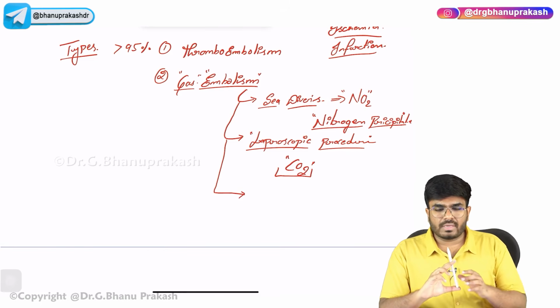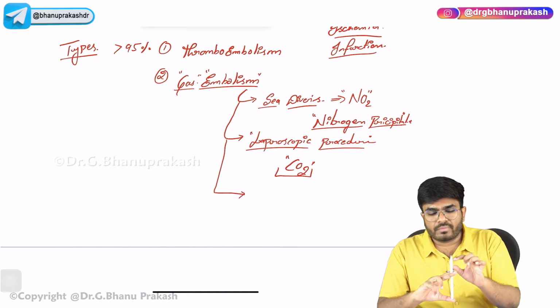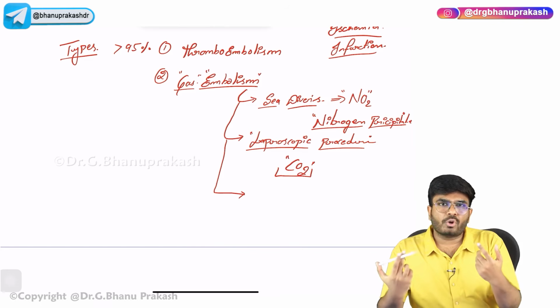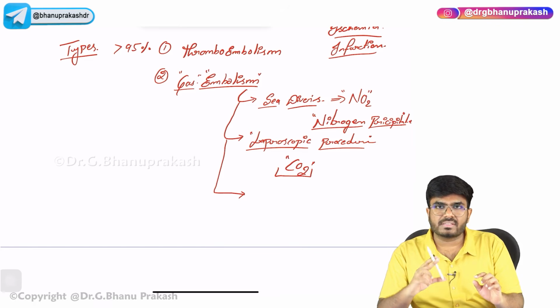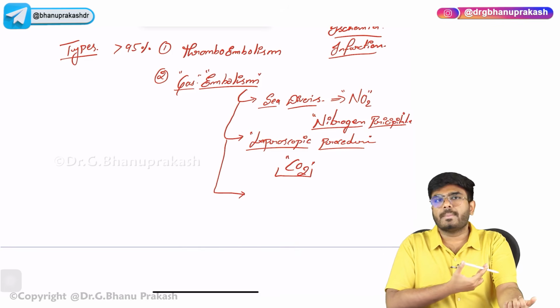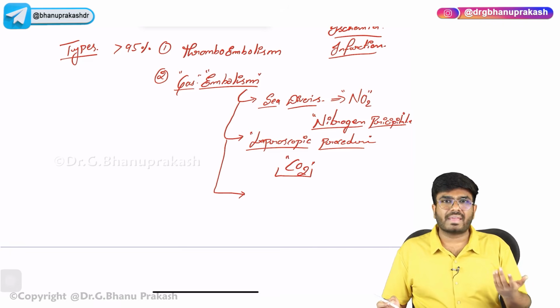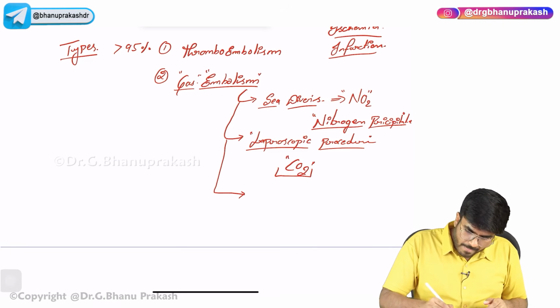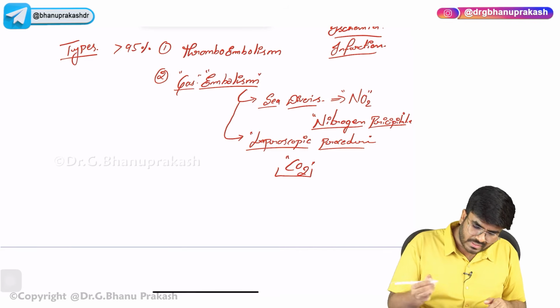Without proper knowledge, if there is air in the syringe and you directly inject the medicine along with the air, that can also lead to air embolism, or gas embolism. So there are three causes for gas embolism.